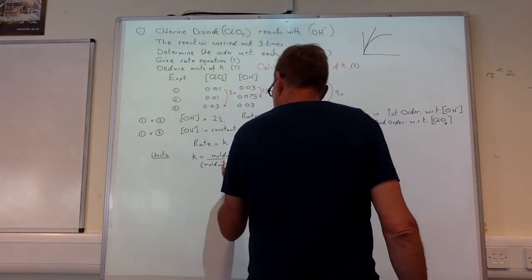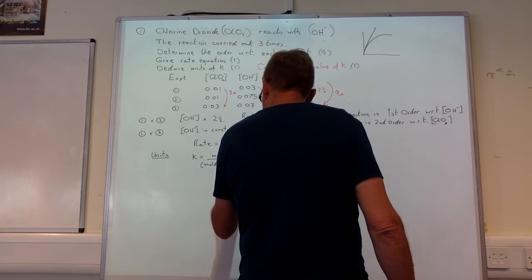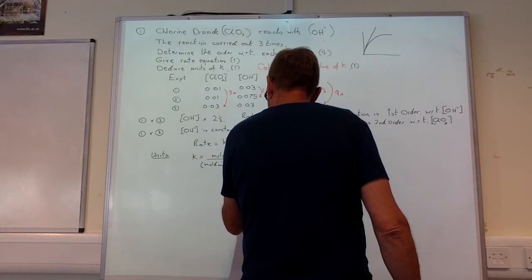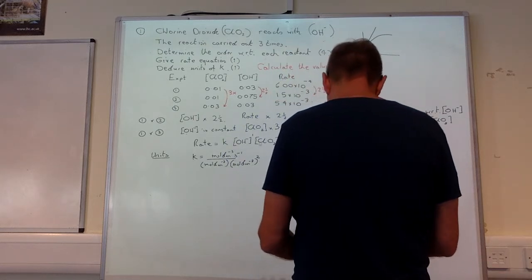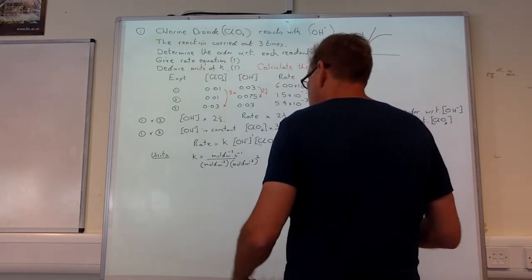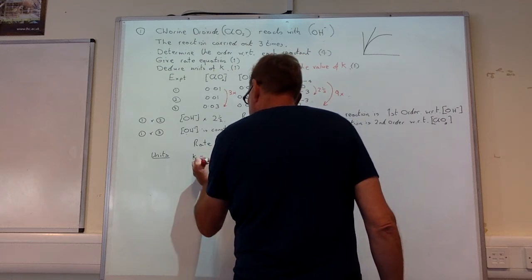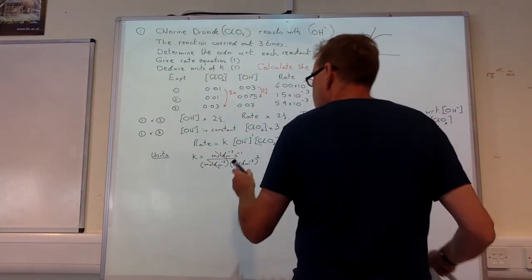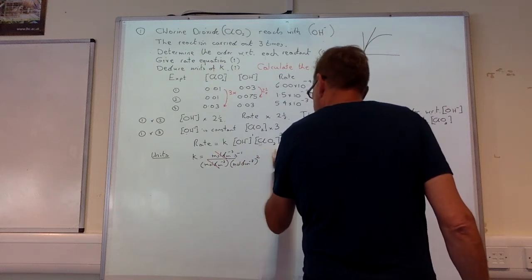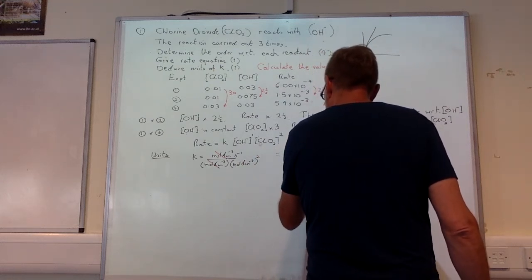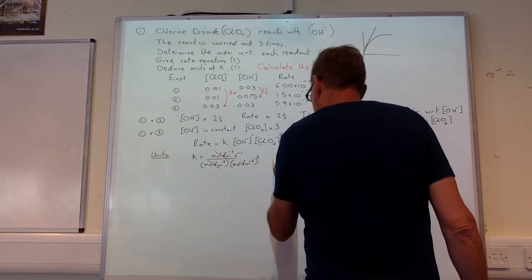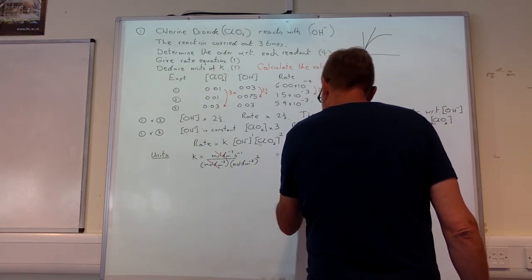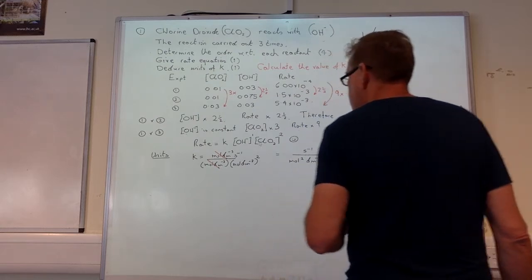Okay, this one, moles, dm cubed, squared. Okay, so sort this out, cancel that, open it up, equals, you've got seconds to the minus 1 left on the top. And open this up, moles squared dm to the minus 6.